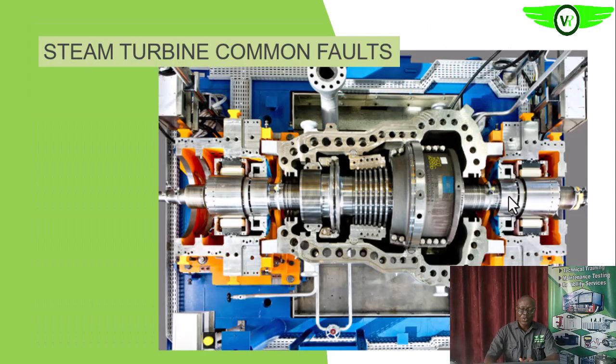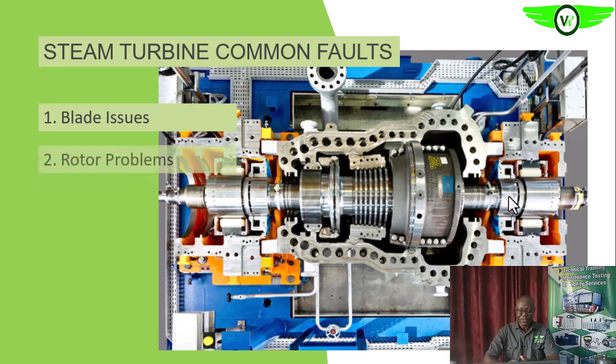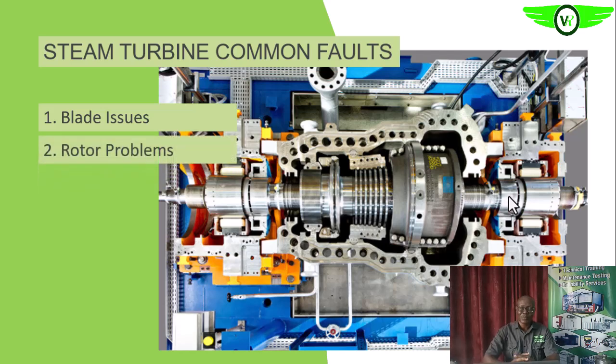In the course of this, we are going to look at faults that are associated with blades, and how we can guard against such issues so that they do not disrupt the operations of our steam turbine and thus the operations of our process.